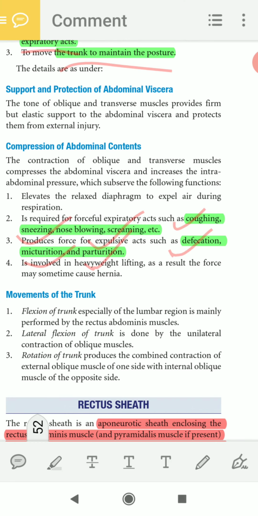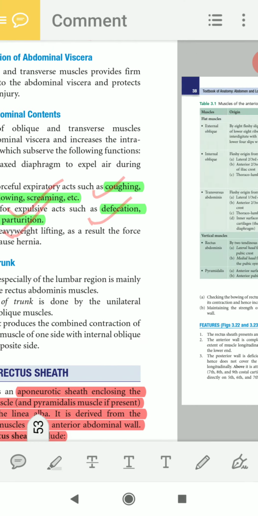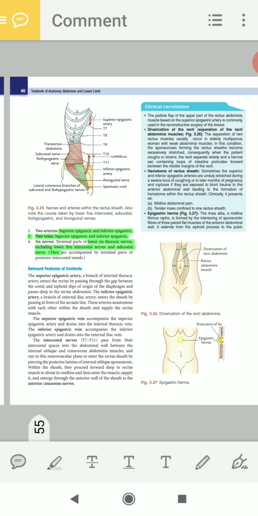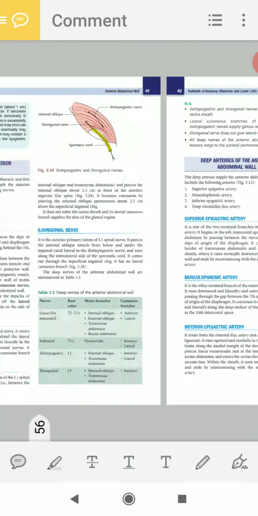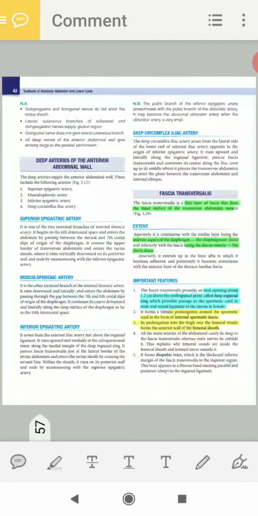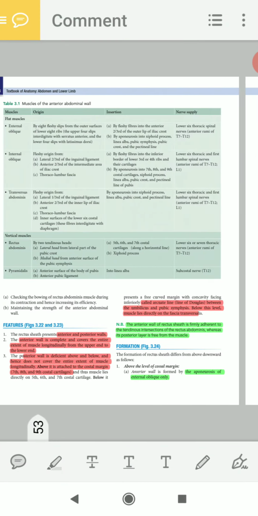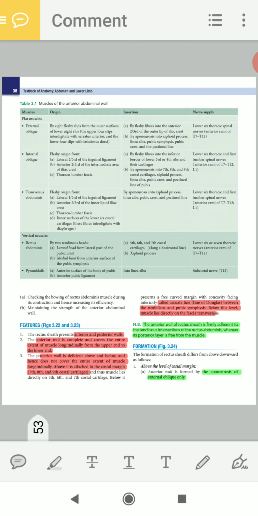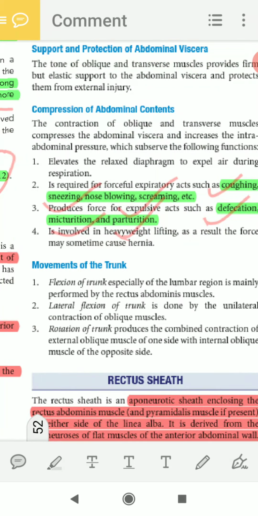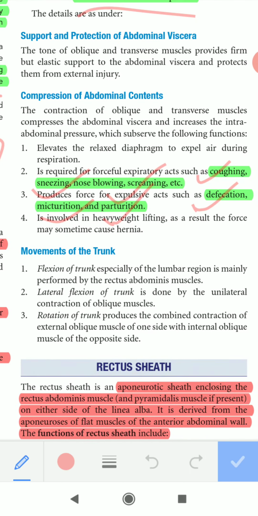Now come to the rectus sheath. The rectus sheath is an aponeurotic sheath which encloses one muscle, that is the rectus abdominis muscle, and sometimes the pyramidalis muscle if it is present. It is situated on either side of the linea alba, and it is derived from the aponeuroses of the flat muscles of the anterior abdominal wall.